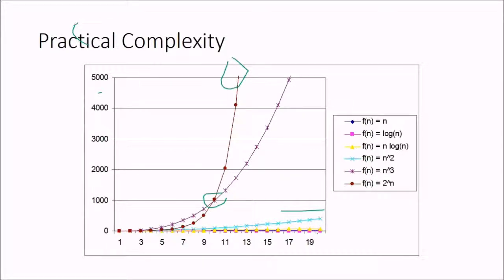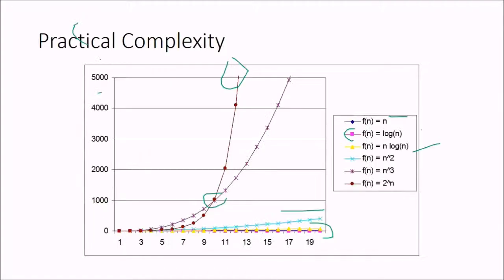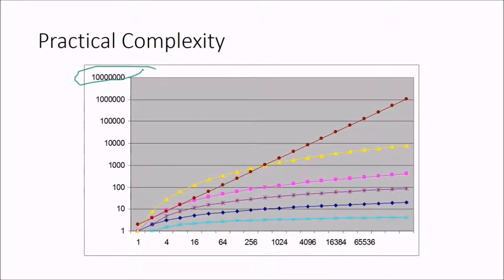These other functions remain very critical to us, because we want our algorithm to have complexity like order of n, log n, and n log n. So the best one would be log n, and then likewise in increasing order. And this is the practical complexity, because we are not dealing with 5000s. We are dealing with these numbers, maybe more than these numbers.